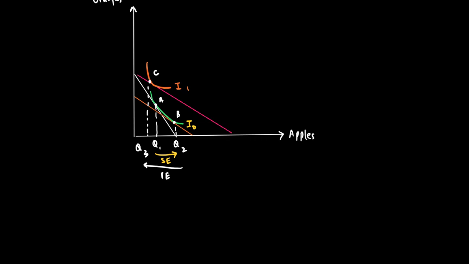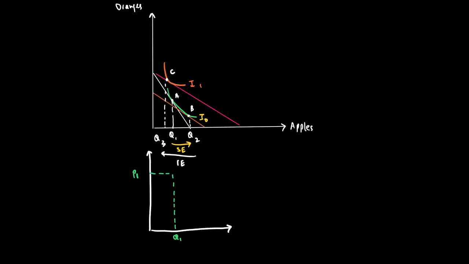So if I draw the demand curve right below, when the price is, for example, high, let's say P1, I am buying Q1. So this is my demand for apples. But when the price goes down to P2, I am buying this Q3 quantity. So if I join the two points together, I get what we call a demand curve, which is upward sloping.